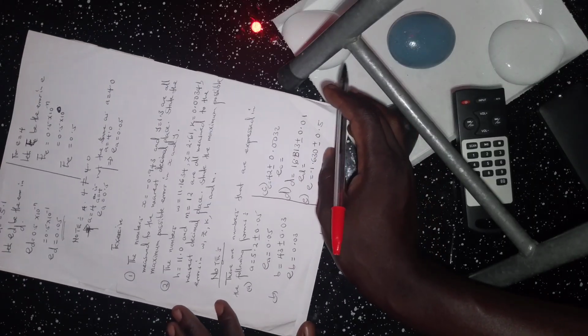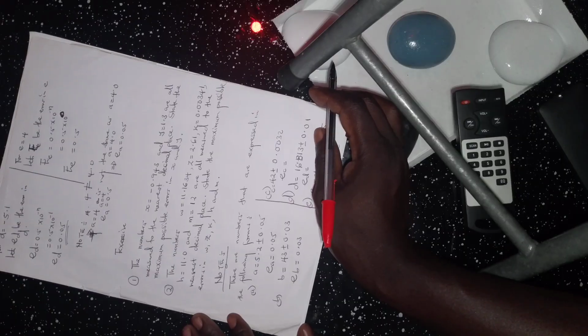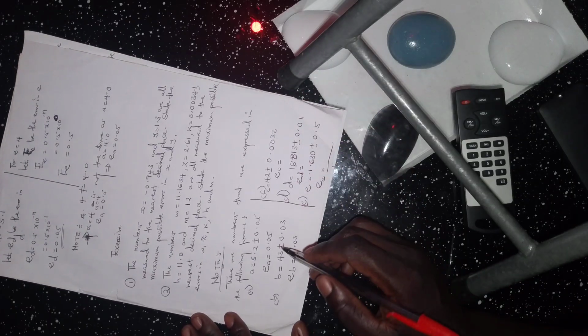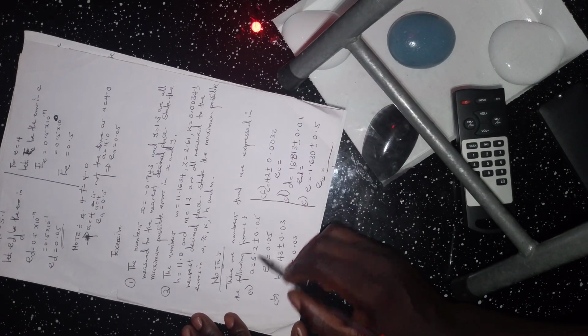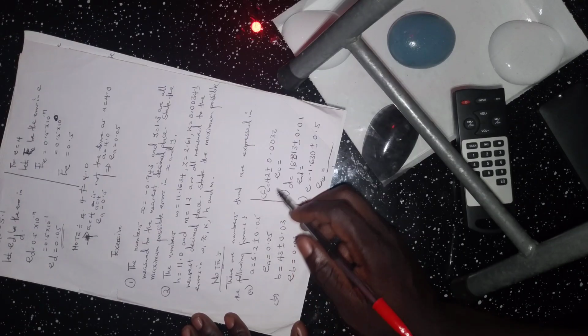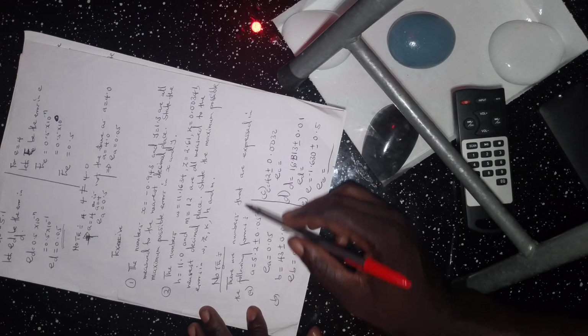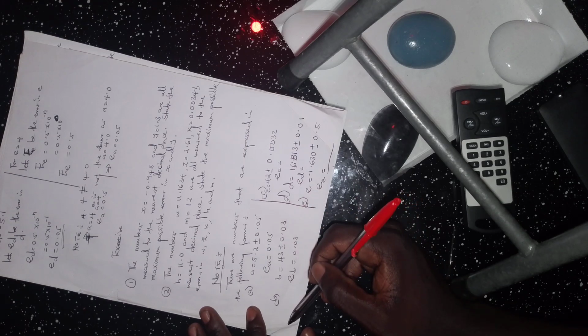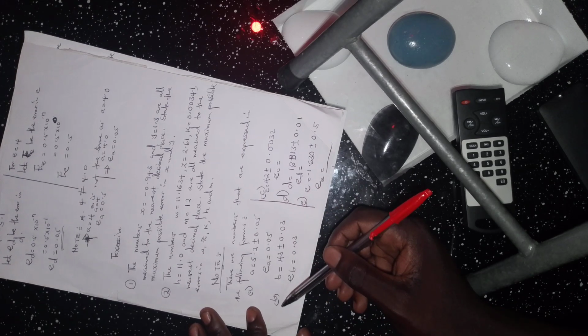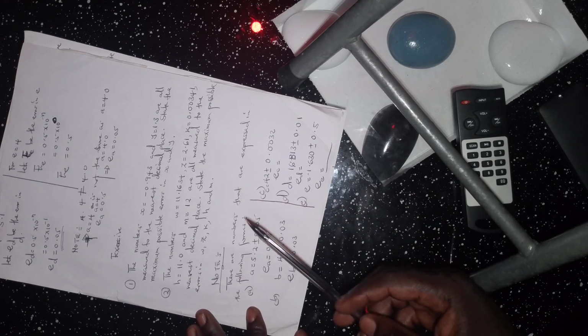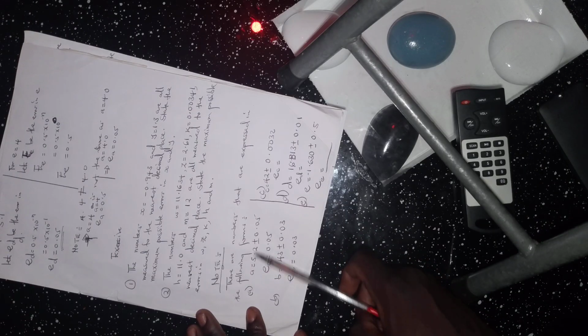Then lastly, sometimes we may have the approximate value being written in this sense. The numbers that are expressed in the following forms. This is how we read off the errors if a number is expressed in this form.